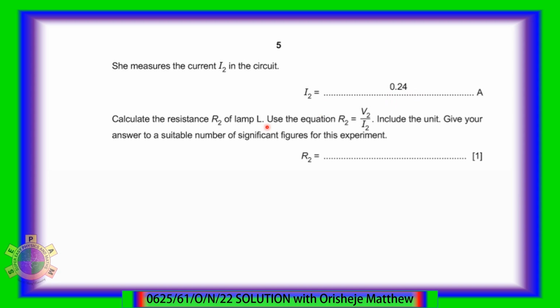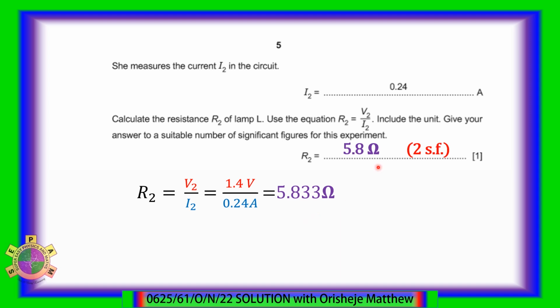Now calculate the resistance R2 of the lamp using the formula V2 over I2. So substitute. We have 1.4 divided by 0.24. That will give us 5.833 ohm. So you see the resistance of the lamp is reducing.